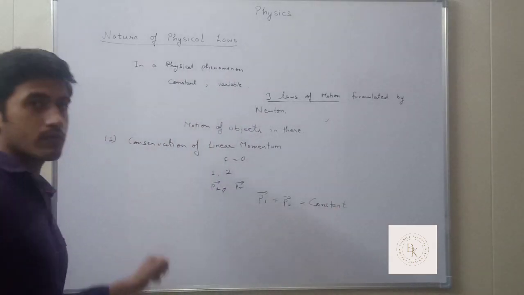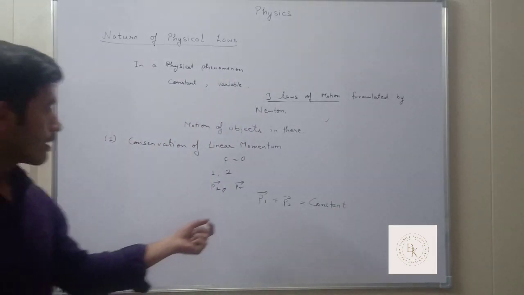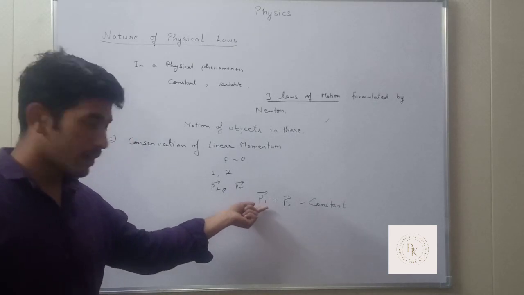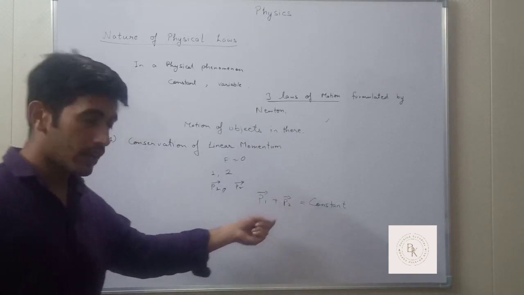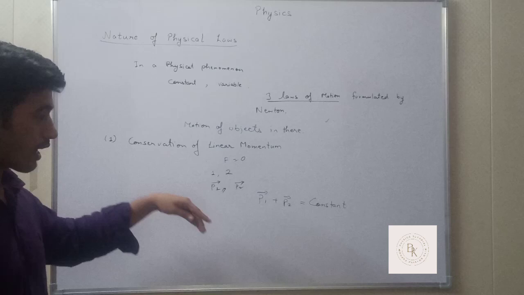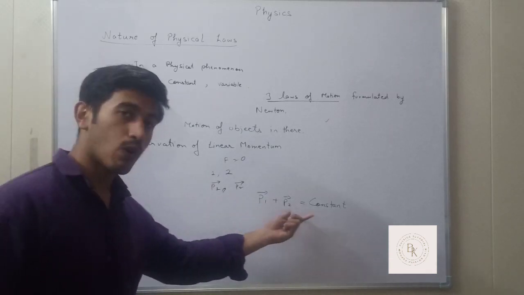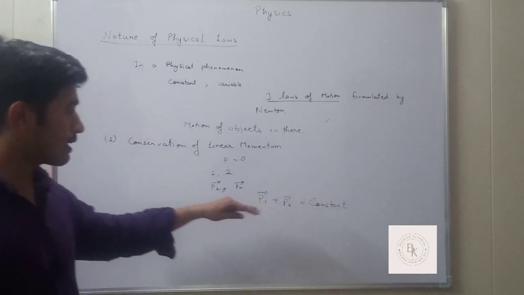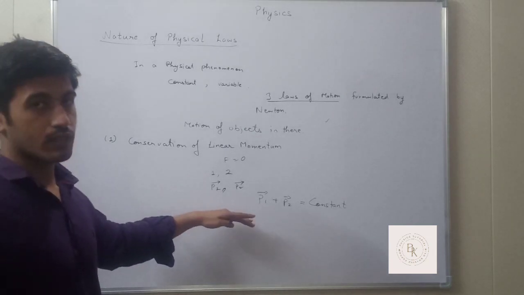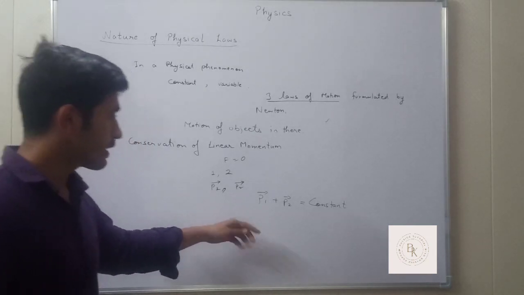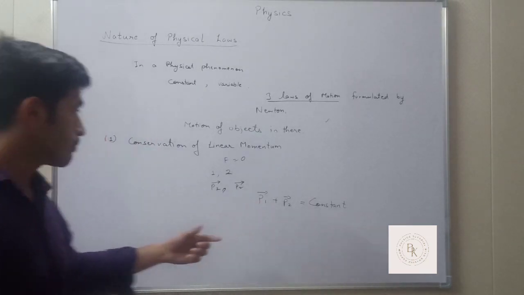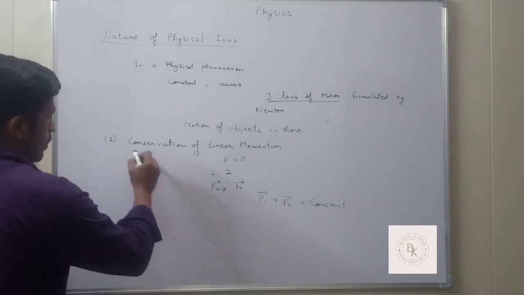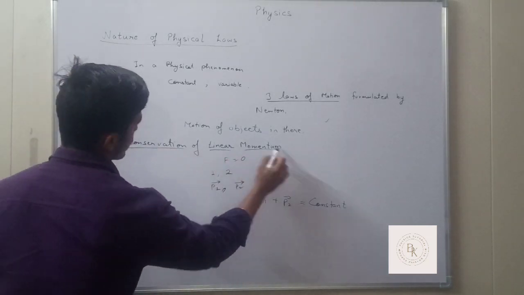Okay, so say, if initially the linear momentum sum was 0, then after an interval of time the linear momentum sum will also be 0. So it does not change with time. It remains the same, and you should understand that this is the law of conservation of linear momentum.